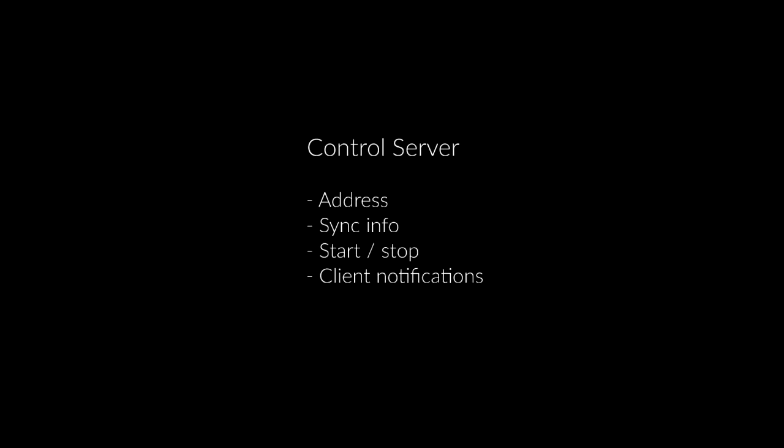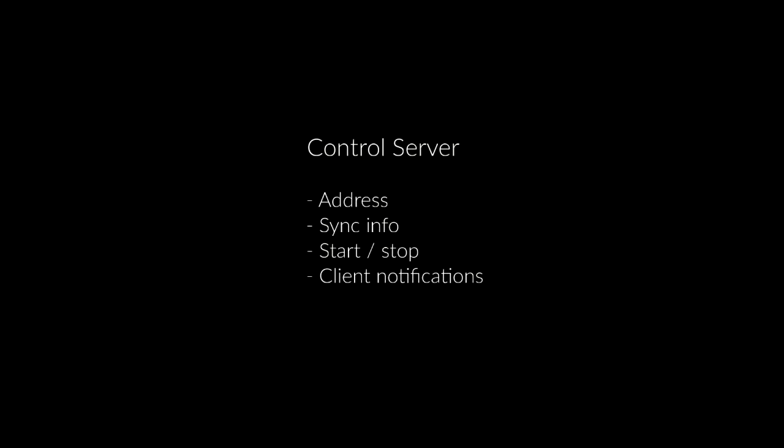So for that, we allow you to override the control interface by providing an implementation of a control server and a control client interface, right? If you're implementing a control server of your own, you need to provide some way to say, hey, listen on this address, assuming it's TCP based or UDP based.